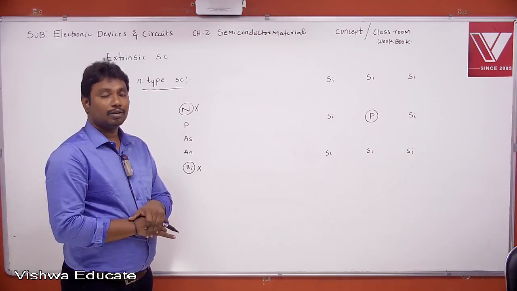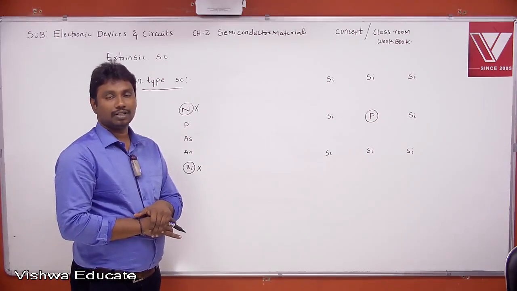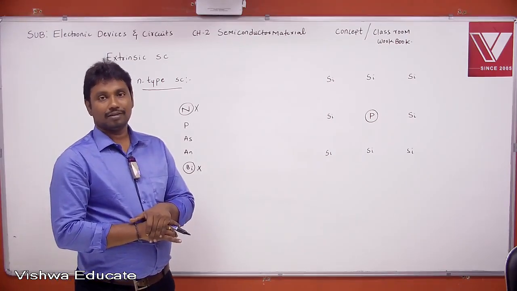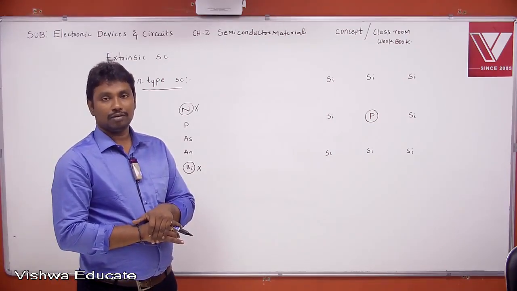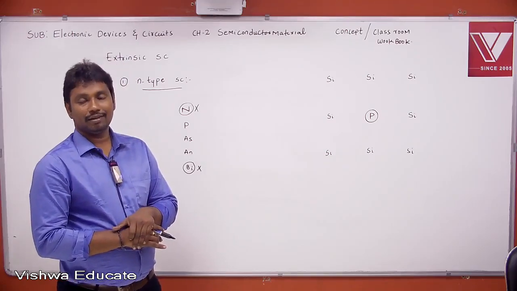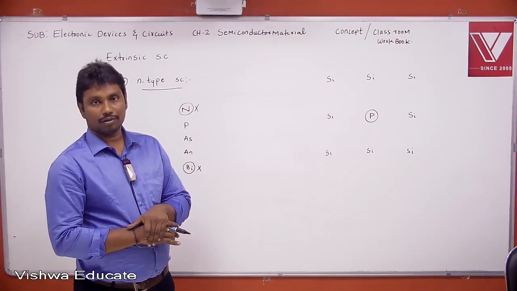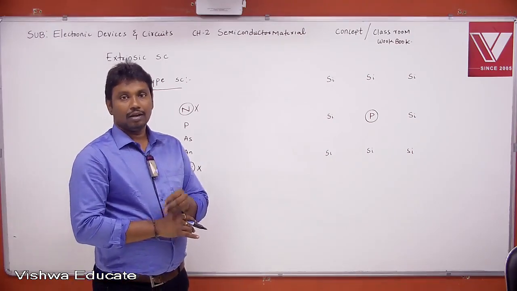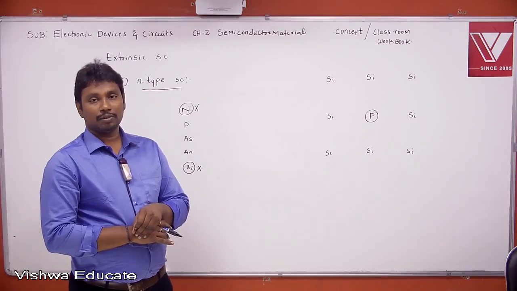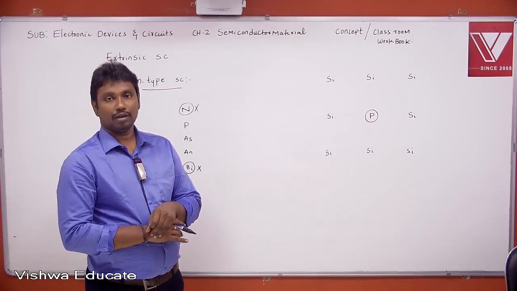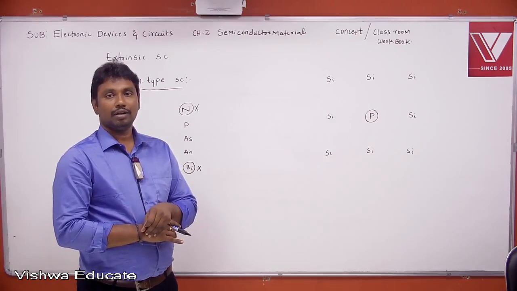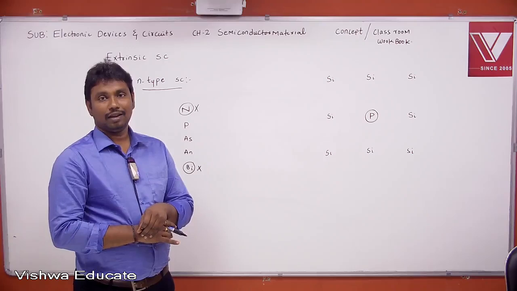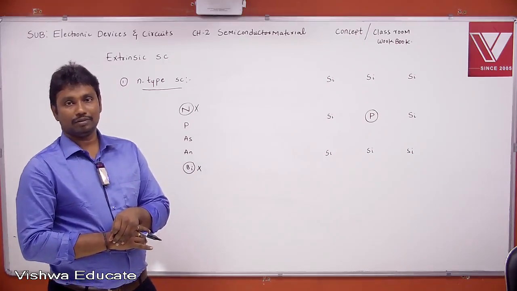Next point, nitrogen cannot be used because it does not have any tendency to donate an electron. Next point, bismuth also cannot be preferred because it is a radioactive element. Right.